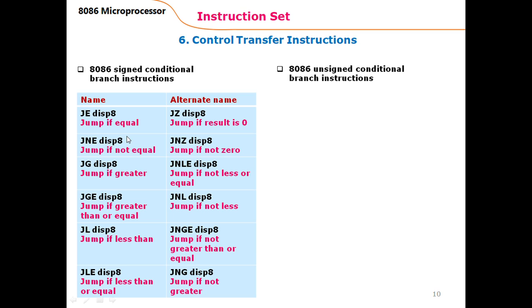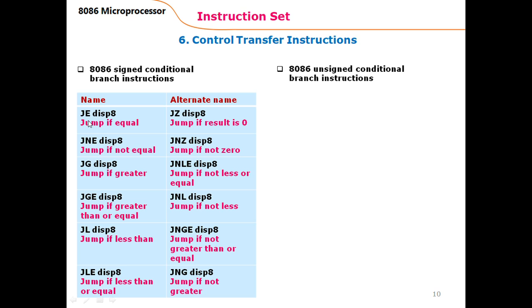For example, JE with a displacement, jump if equal. It tests whether the computations performed earlier produced two equal values, and if they are equal, the condition must be stored somewhere in the flags, normally in the zero flag, and sometimes in more than one flag.